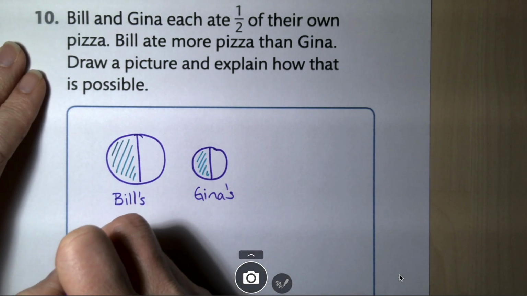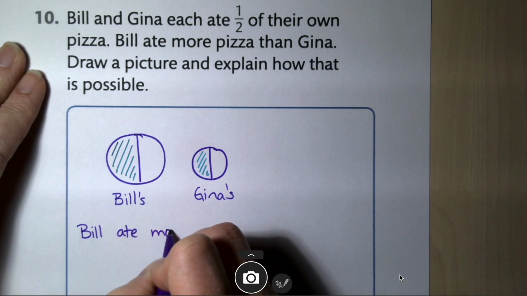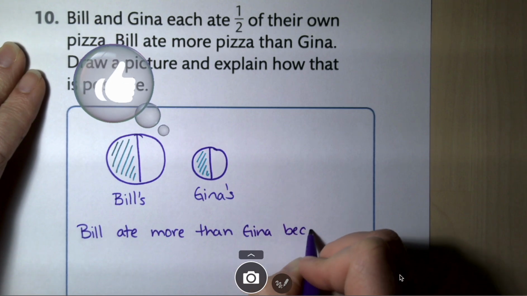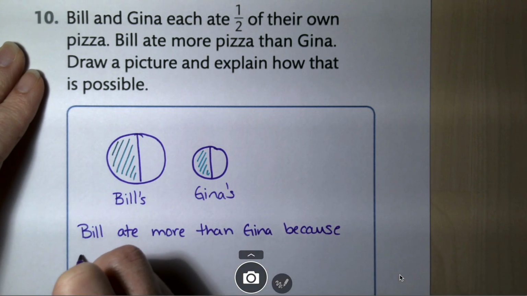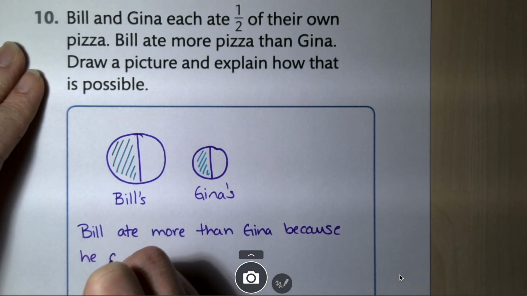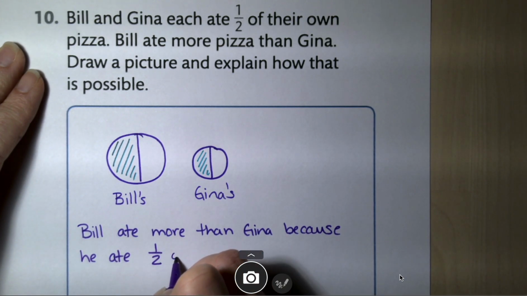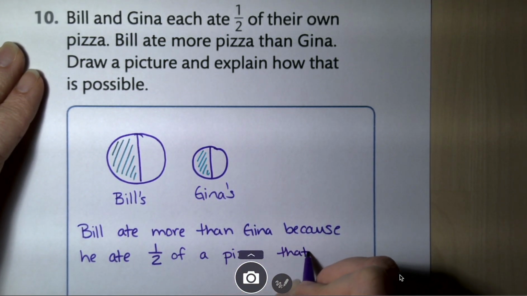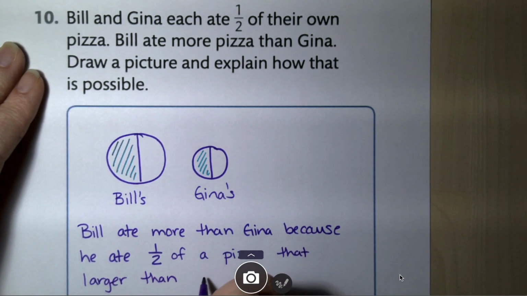So I'm going to write, Bill ate more than Gina because he ate 1/2 of a pizza that was larger than Gina's pizza.